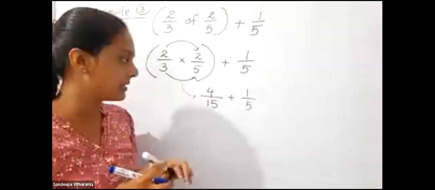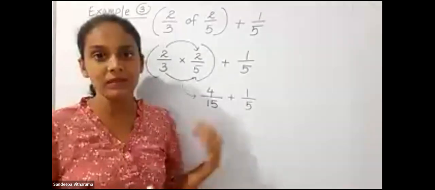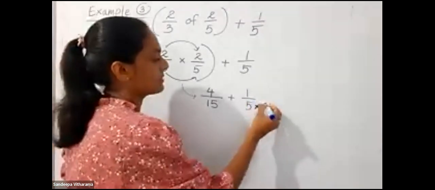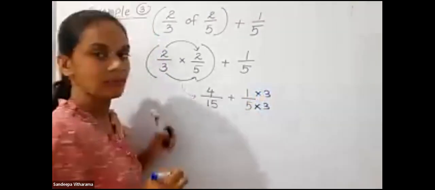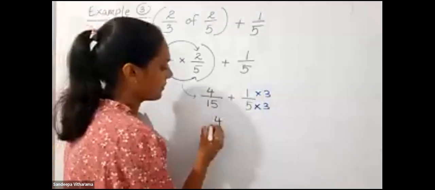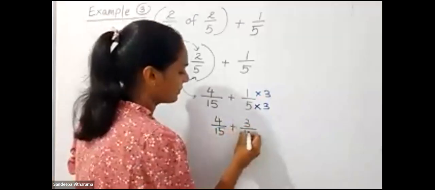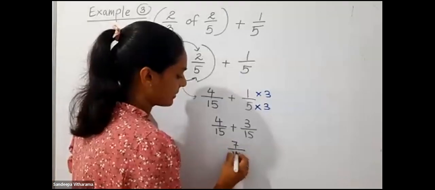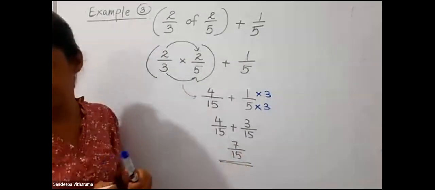Here you can see that it is 15. 5 can be converted to 15 by multiplying by 3. So then it is 4/15 added to 3/15. Then we obtain the answer as 7/15. Okay.